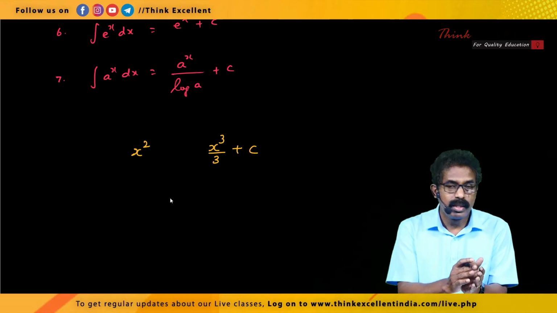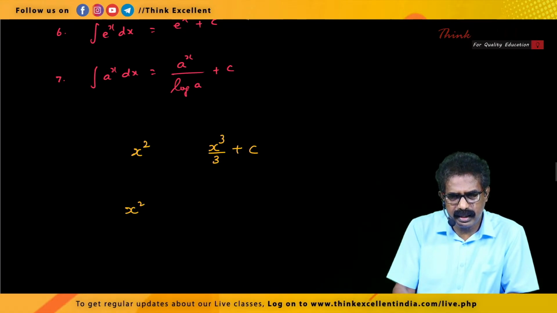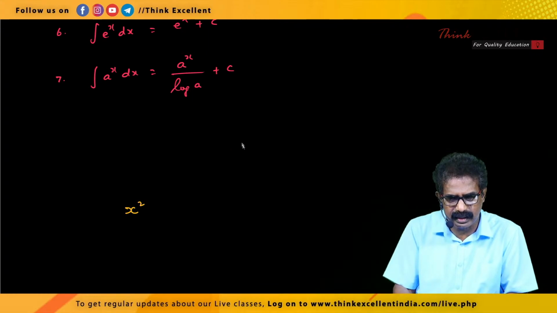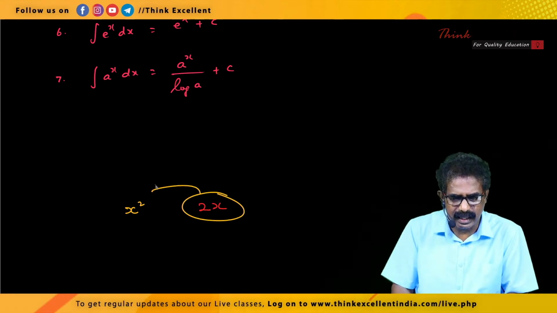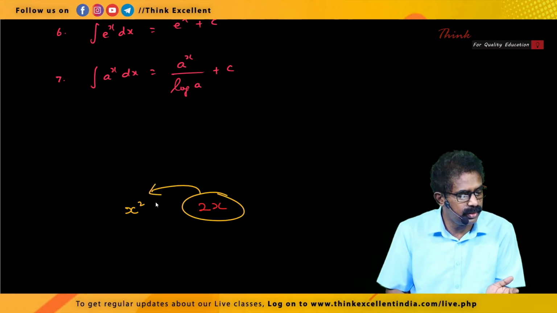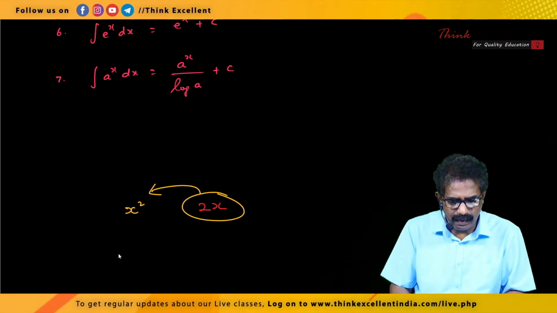So you know inverse operation, right? Suppose I'm giving x square. What is the derivative of x square? X square derivative 2x, right? So what is the integral of 2x? X square. Now I am writing x square plus 5.